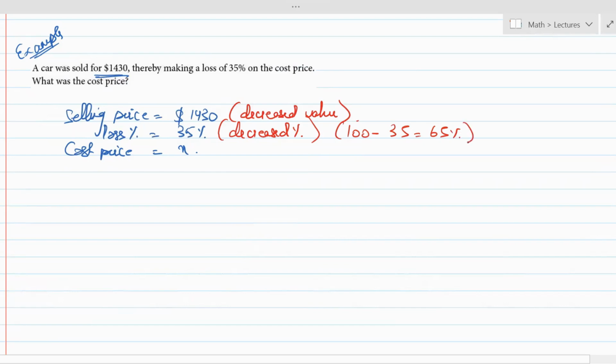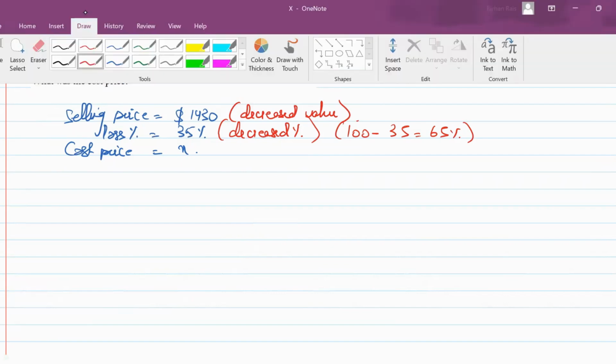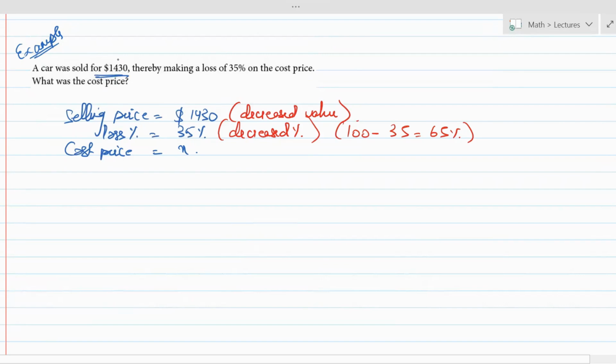So profit percentage you add to 100, loss percentage you subtract from 100. And the selling price, you always write in front of the profit or the loss percentage being added to or subtracted from 100. So using the ratio method, we have the prices against the percentages.